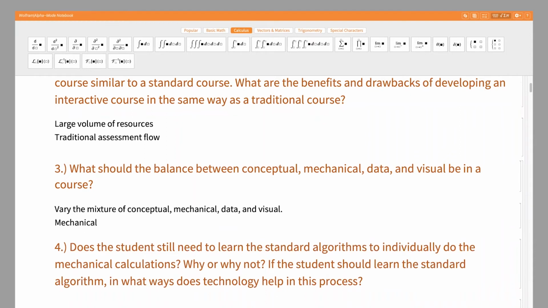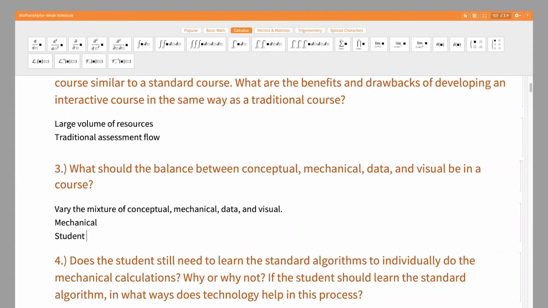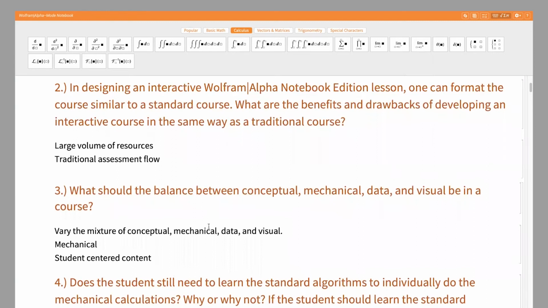So you want to provide those various viewpoints there, and then if we focus on the mechanical, as you're saying, it would just be about the tools we're developing. Right, we need student-centered content. Okay, there are no further comments on that.